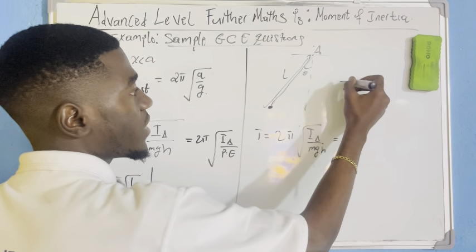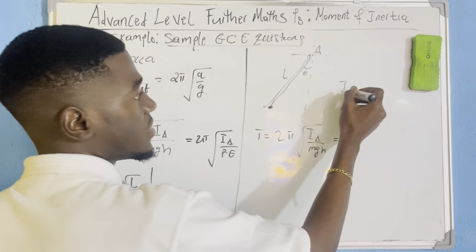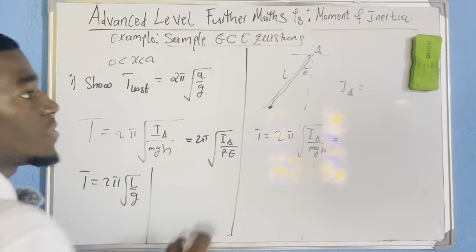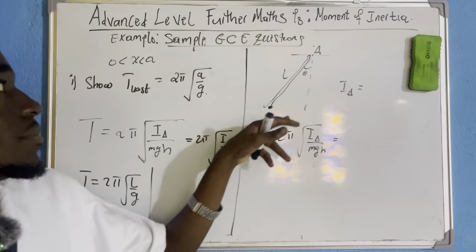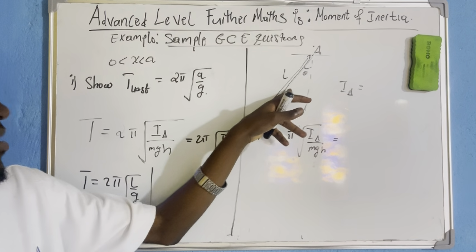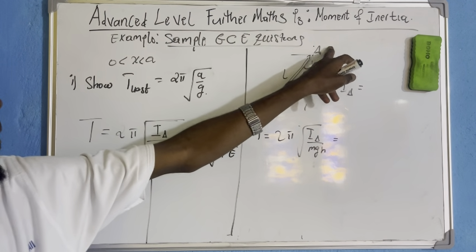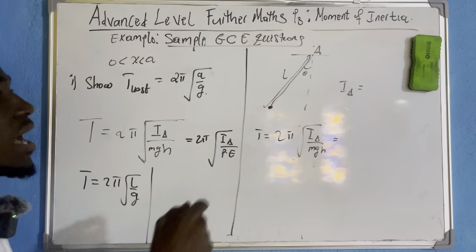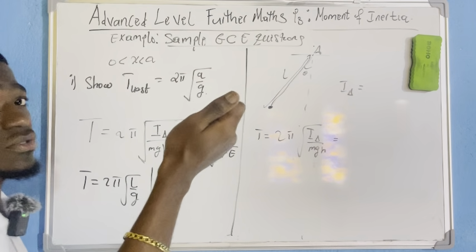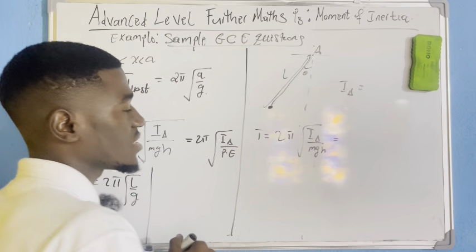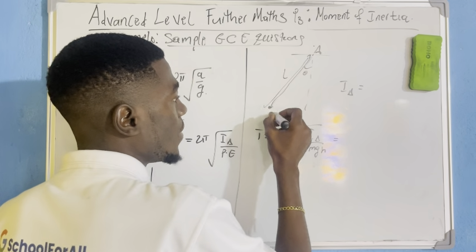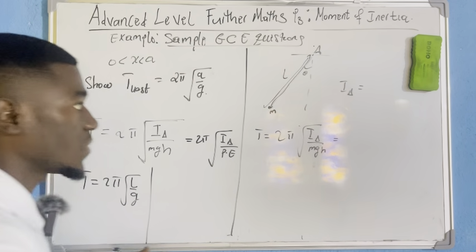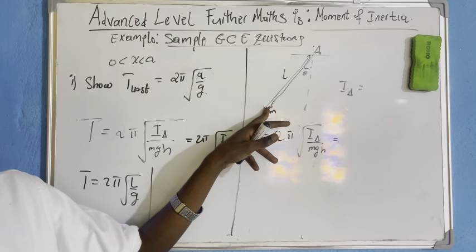Now the moment of inertia of the system, the string and the mass system about the axis delta, is simply what? I tell you that the string is having a negligible mass. It means that the mass is only coming from who? From this m, and let's call that mass m. The mass is only coming from the point mass.